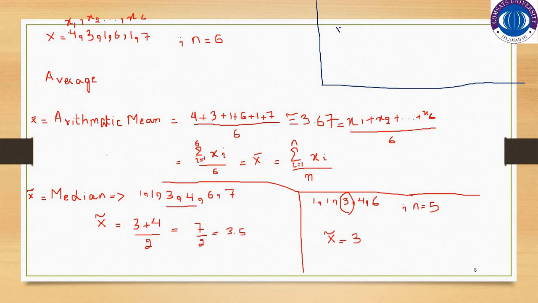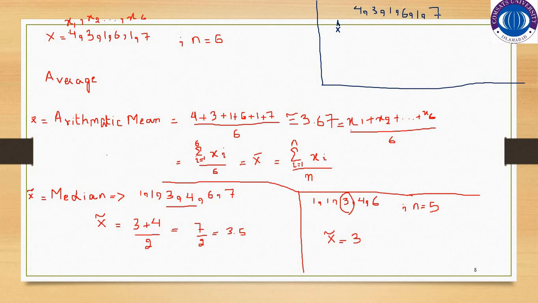We represent mode in this way, and as mode is the most frequent value, the one which comes most frequently in the data, if we concentrate on the data which is 4, 3, 1, 6, 1 and 7, this 1 is coming 2 times in the data, 4 is coming 1 time, 3 is coming 1 time, 6 is coming 1 time, and 7 is also coming 1 time.